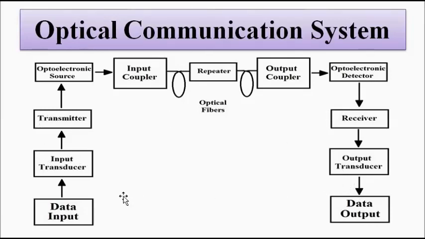We'll have some videos on the optoelectronic source, where we'll discuss different types of light sources. Then we'll have something on the transducers, the phototransducers. Then we'll discuss optical fibers, some basic concepts. Then we'll also discuss couplers, photodetectors, and various other related things.